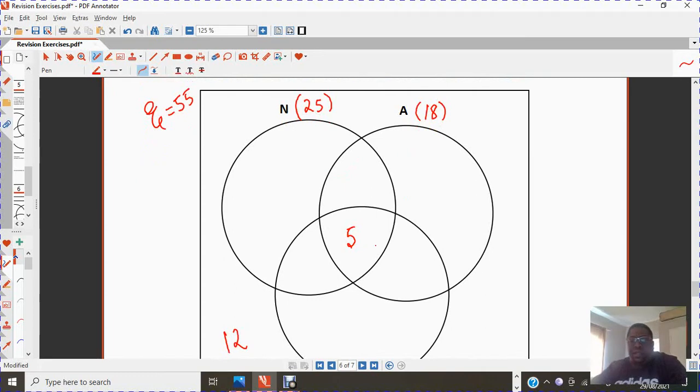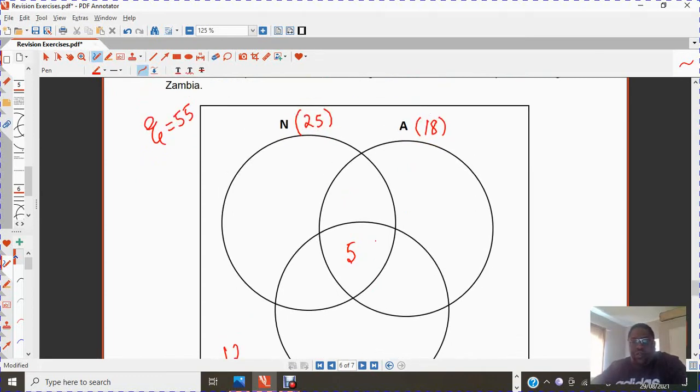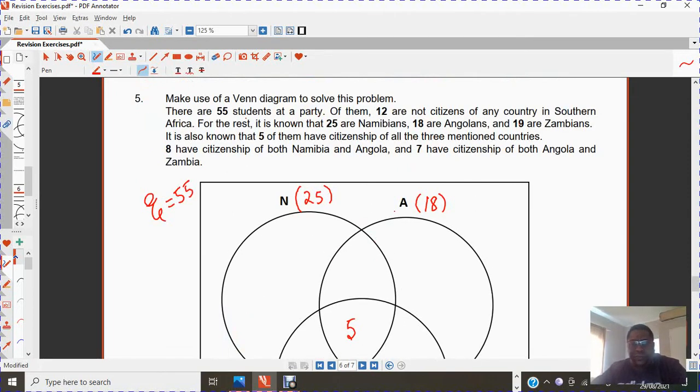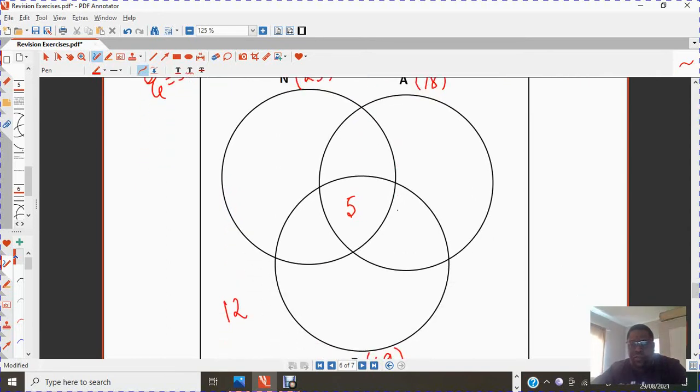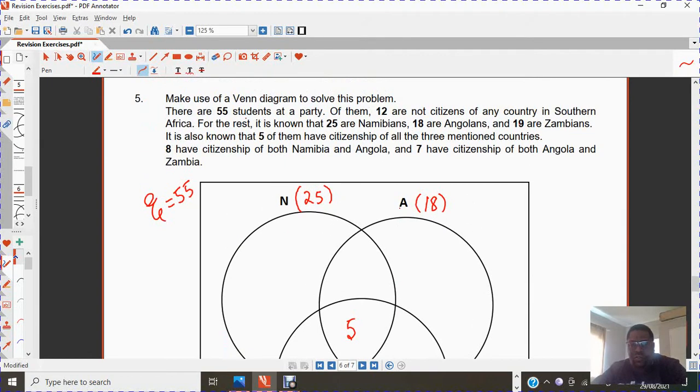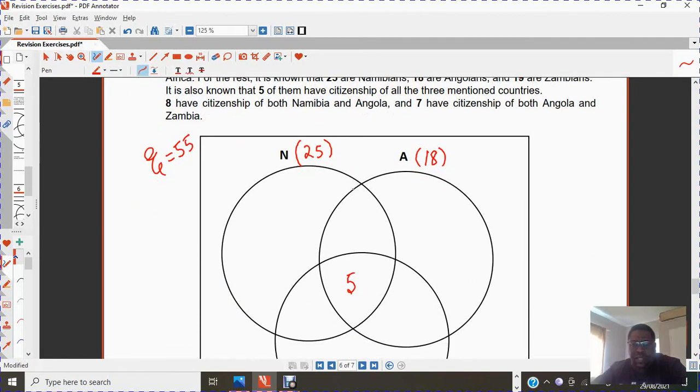Right, so let us read further. It says that 8 have citizenship of both Namibia and Angola. So Namibia and Angola should be 8.